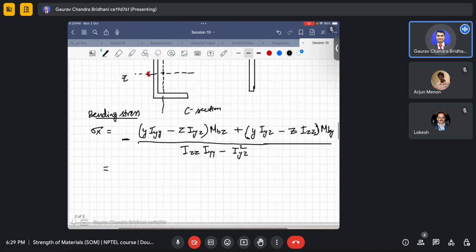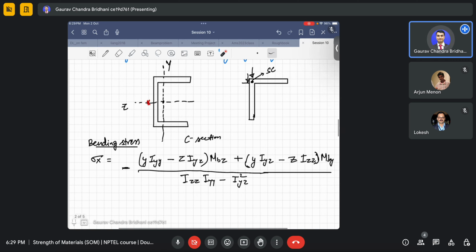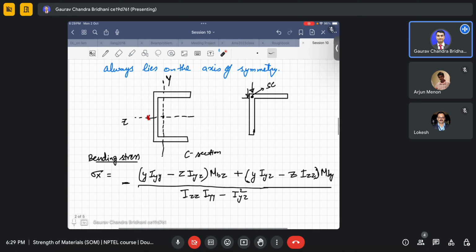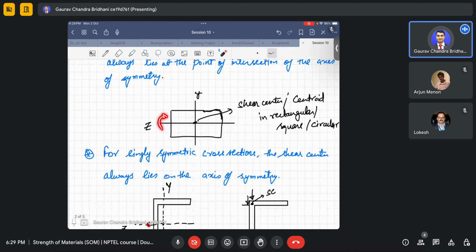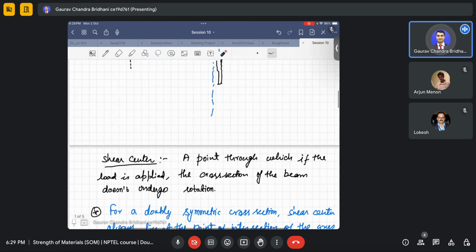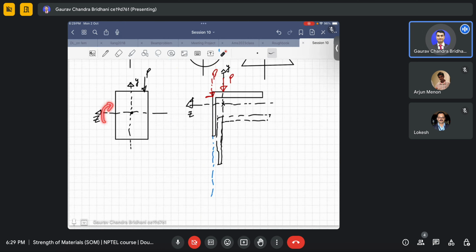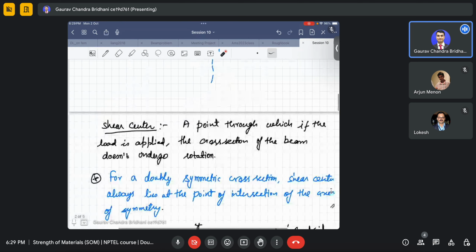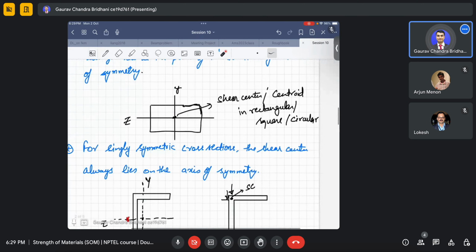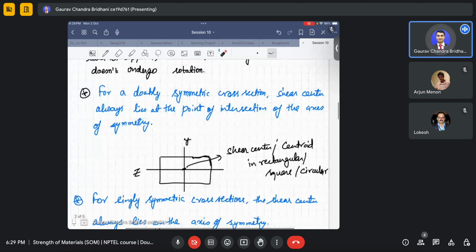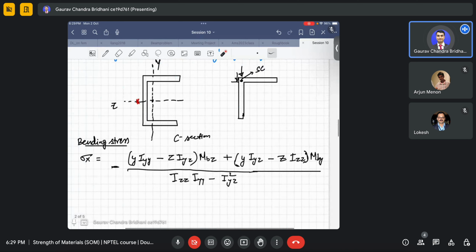So in this formula, where is the unsymmetry in the cross section and where is the unsymmetry in the loading coming in? Till now we have seen the moment acting on a cross section about the ZZ axis, always MZZ, or MBZ. But what happens if we have inclined loading, or some loading which will cause MBY?